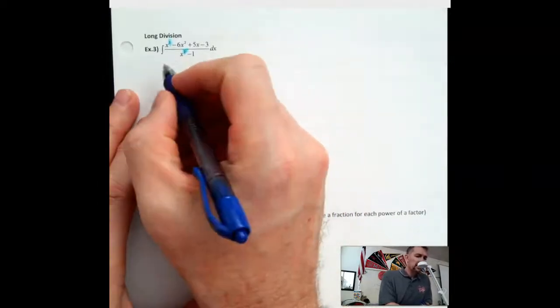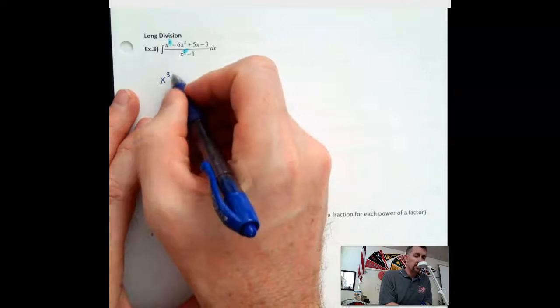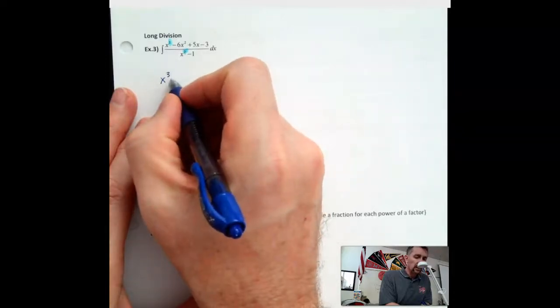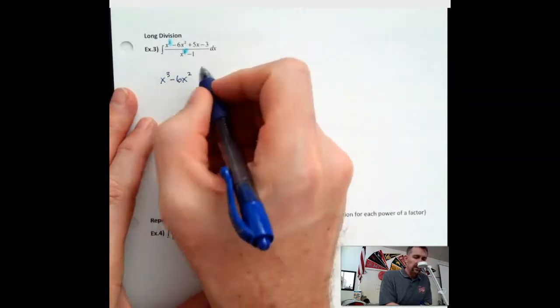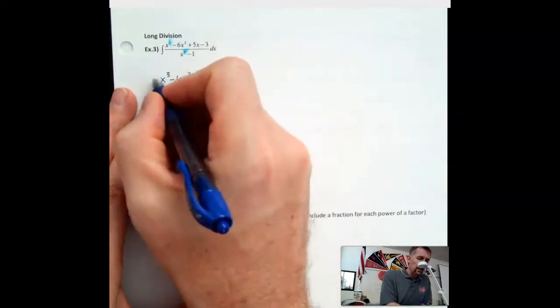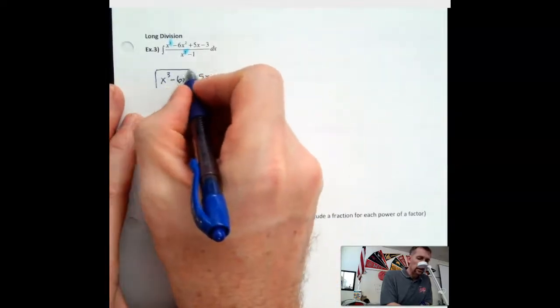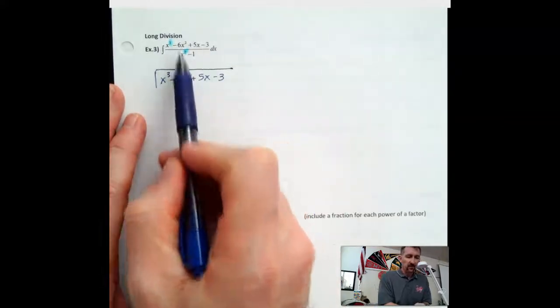You might be able to use synthetic division sometimes, but I don't remember with this x squared there. So I'm just going to do long division. Now be careful when you're writing this out. If you're missing a term, you got to put a 0 in there, a placeholder. But we were not missing any terms there. So if it just would have been x cubed plus 5x, I would have put 0x squared there.